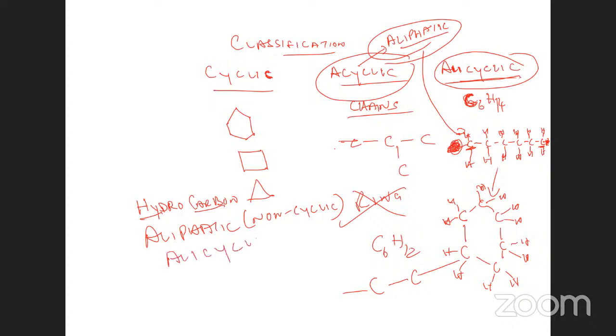What is alicyclic? The one we drew here, just combining. Then we have aromatic. Now, in an aromatic one, there is a conjugation, which is alternating double bonds. So it could have aromatic ring or double or triple bonds.